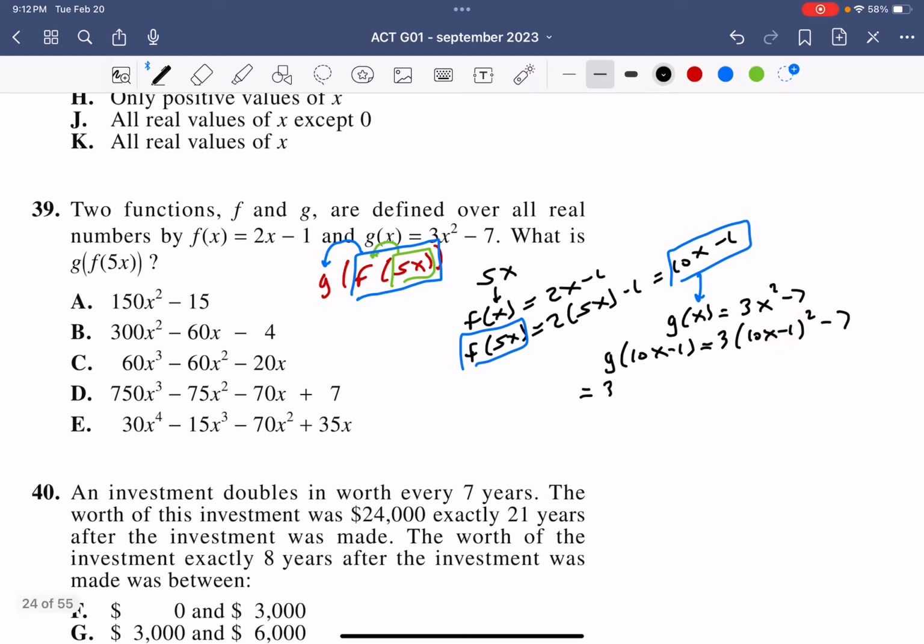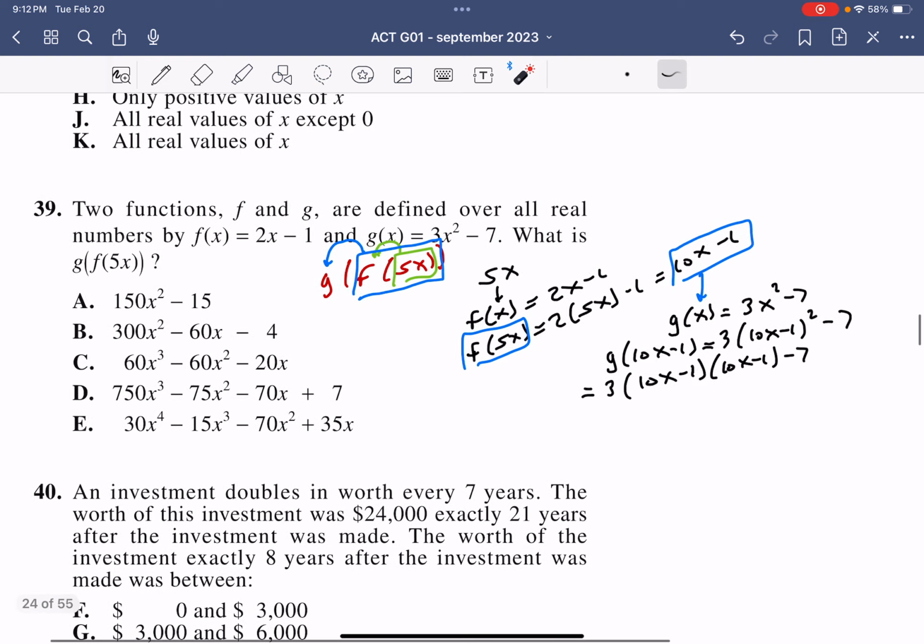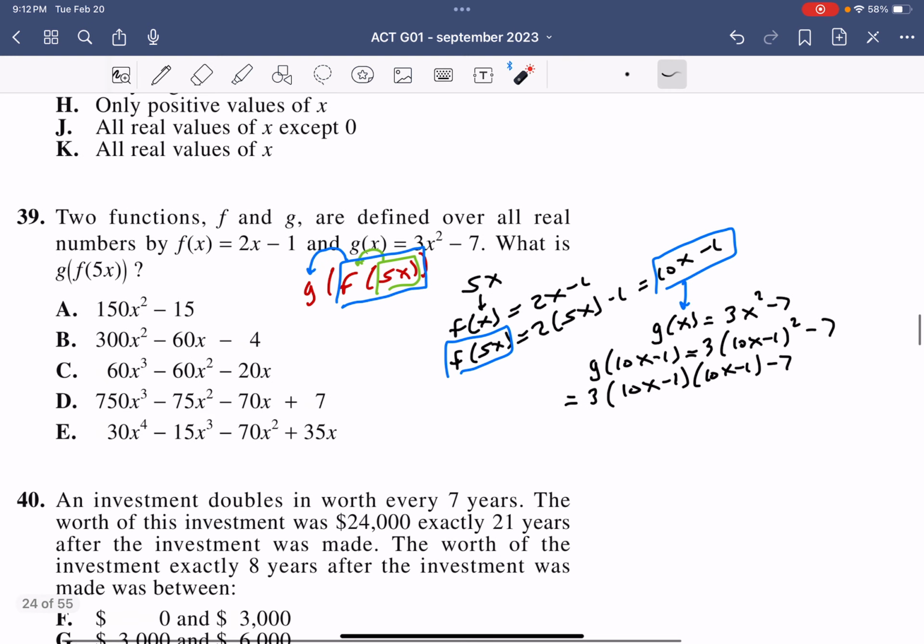So we're going to have 3 times 10x minus 1 times 10x minus 1 minus 7, and then we're going to FOIL this. So I usually start with the 10x, or the first one, and I do 10x times 10x, and then 10x times negative 1.